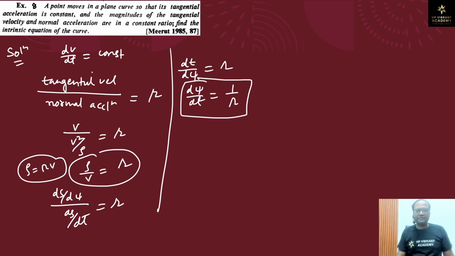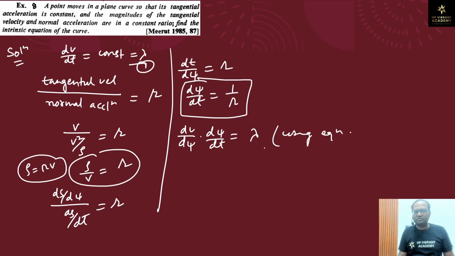So now we can simplify this as dv upon dt is constant. Let us take this as lambda. So we have dv upon d psi into d psi upon dt is equal to lambda. Let us take this as equation 1, and d psi upon dt equal to 1 upon mu as equation 2.